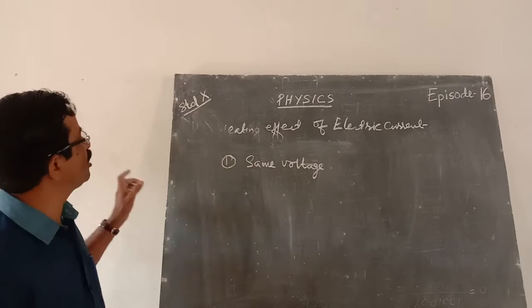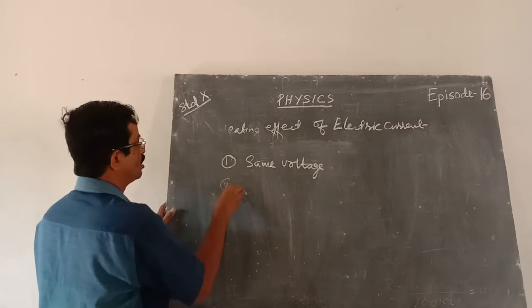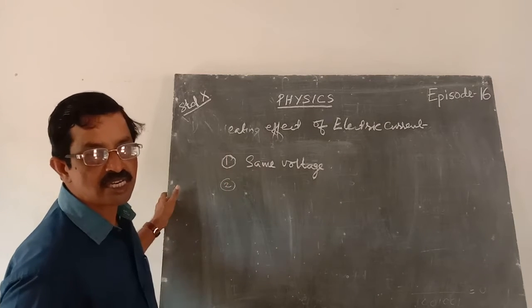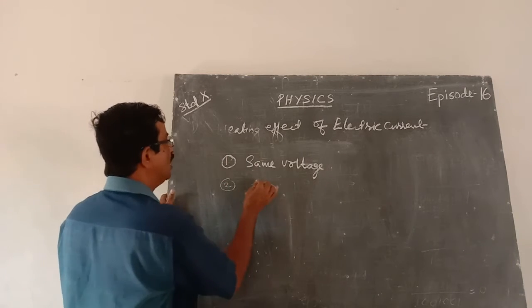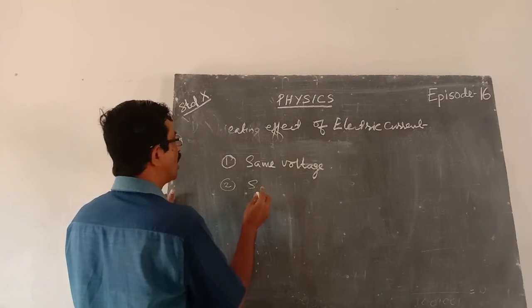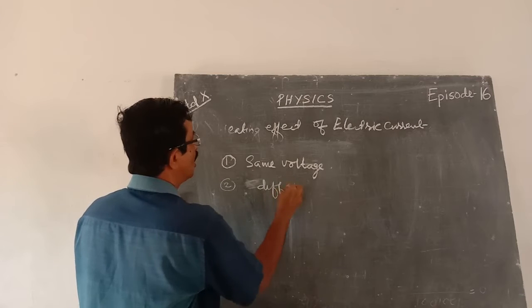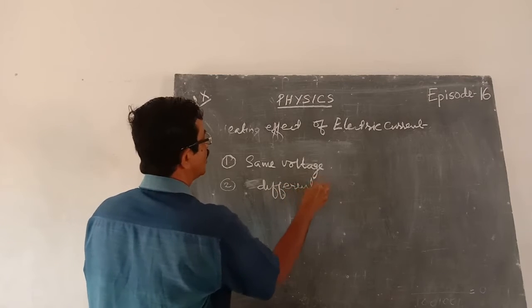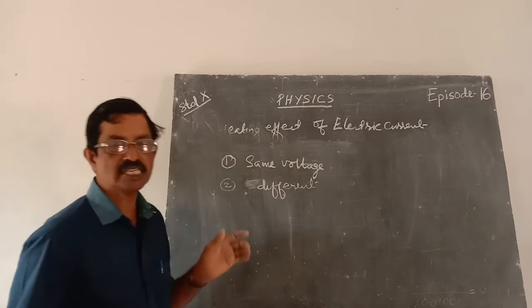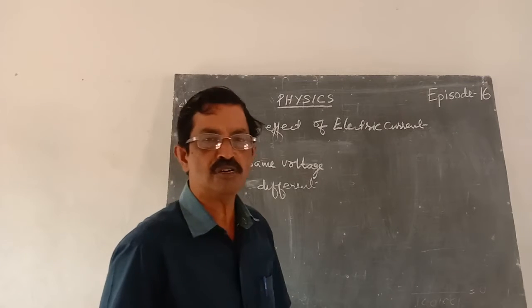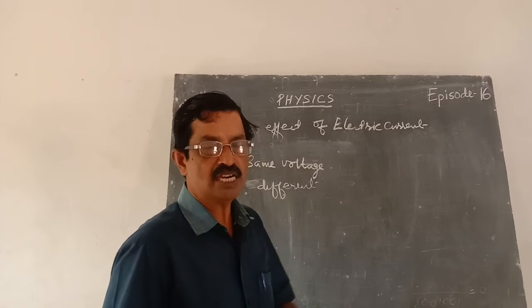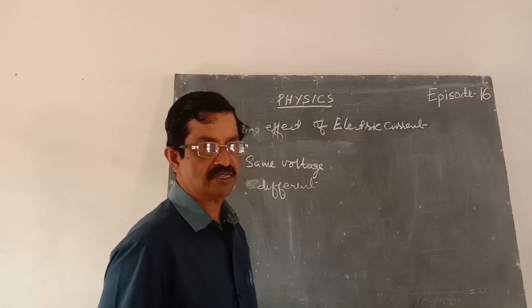Then the current through them is not the same; the current branches out. That means the current in each appliance is different, and each appliance works at its own power by drawing the amount of current it needs.